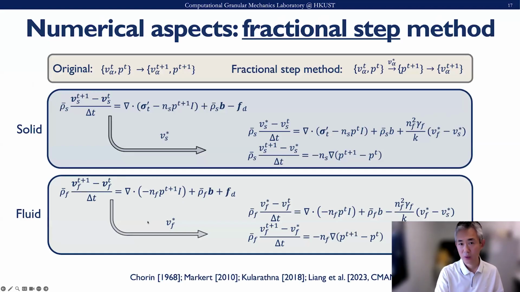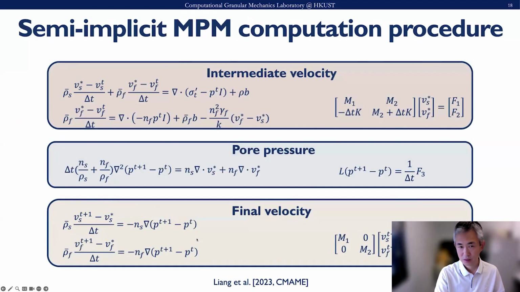For the numerical part, we developed a fractional step method. First we solve an intermediate velocity and pressure, and then we update velocity and pressure for the solid, and then for the fluid.